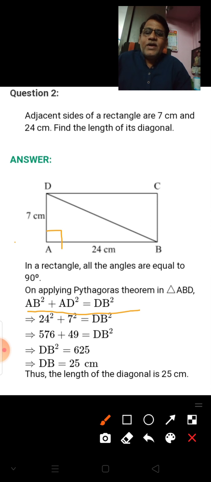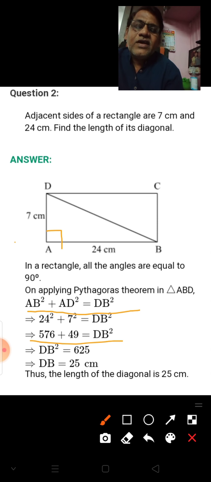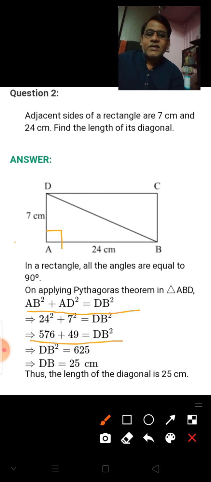So AB is 24 and AD is 7, that is 24 square plus 7 square is equal to DB square. Therefore 24 square is 576 and 7 square is 49, so DB square is equal to 625.